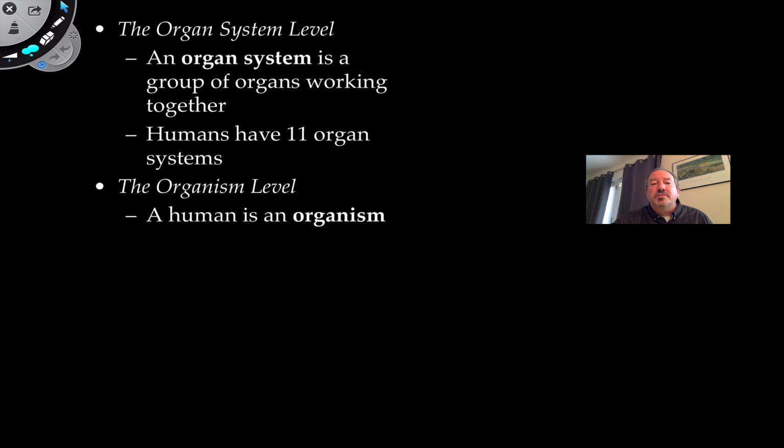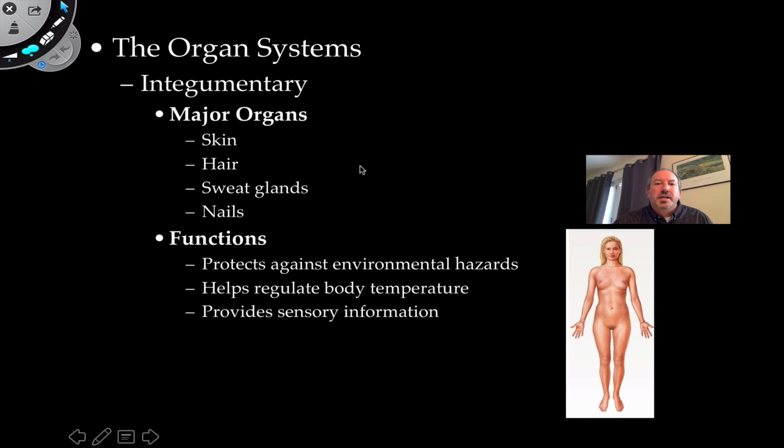And so it's been said that we have 11 organ systems. So some examples of this: the integumentary system, made up of one of the largest organs of the body, the skin. We also have hair and sweat glands and nails. And again, the function may be obvious: it protects the body from the environment.